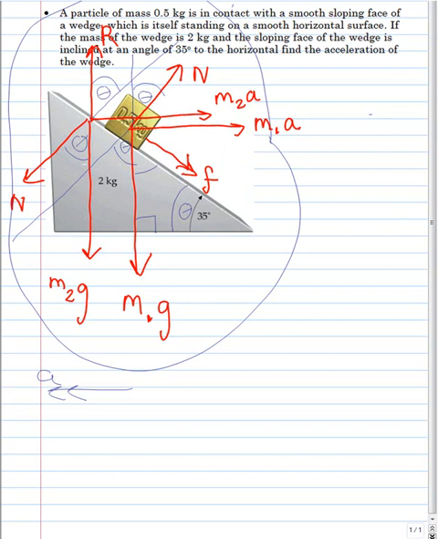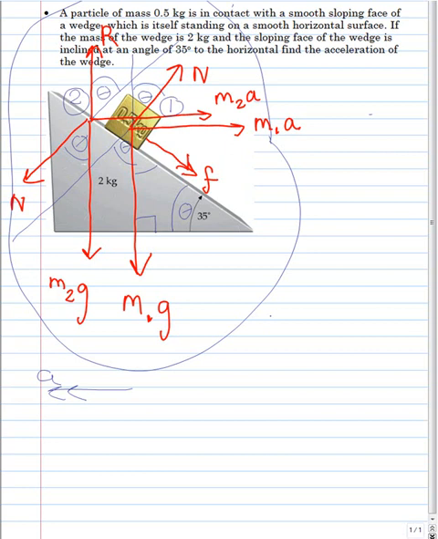Now I can just use Newton's laws as per usual. Let's call the particle system 1 and the wedge system 2. And then we can resolve for system 1 and resolve for system 2.